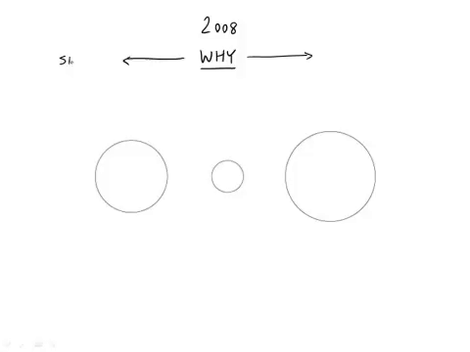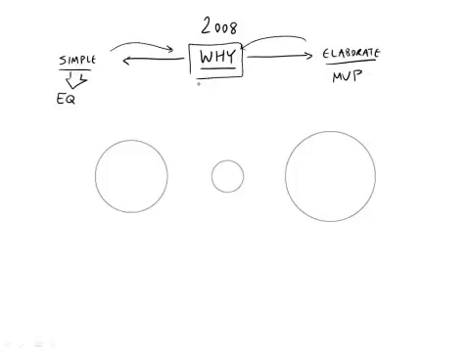There is a simple picture, which we're going to call the visual equation, and then there's a more elaborate picture, which we're going to call a full-on multivariable plot. And we're going to work on both of those now and see how both of those kinds of pictures can help us answer the question, why is something the way it is?